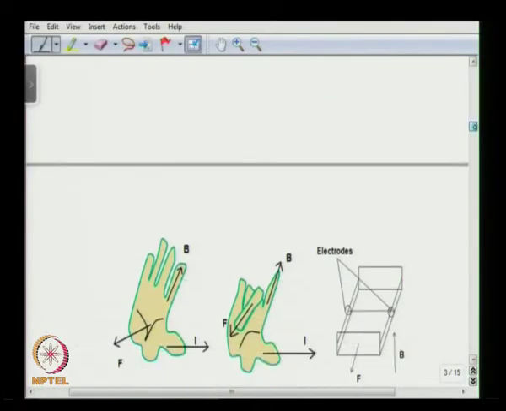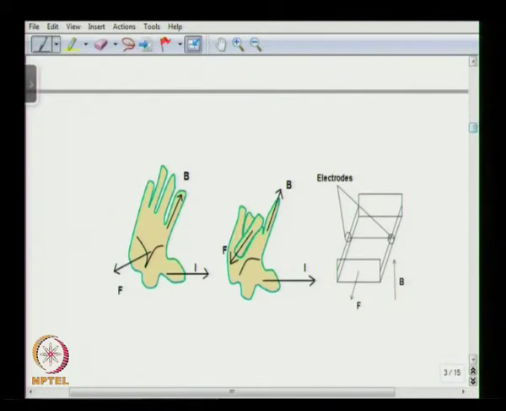Okay. Now, let us talk about magnetohydrodynamic MHD micropump. Magnetohydrodynamic micropumps work on the principle of Lorentz force.